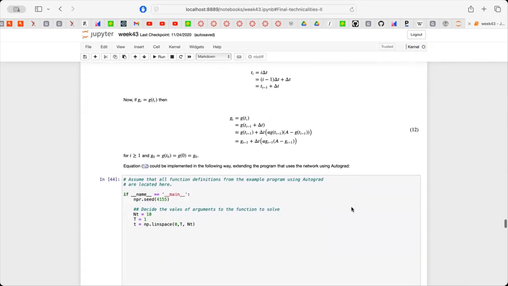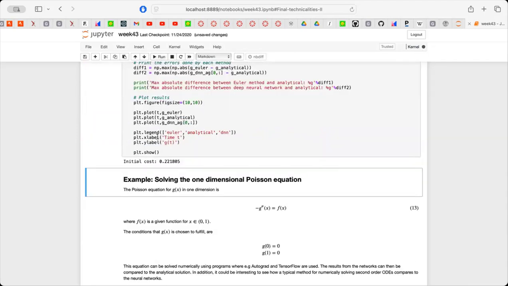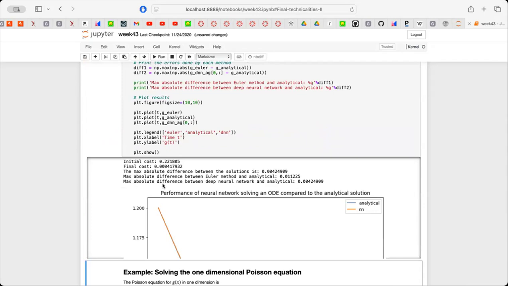So we can now simply compare our results from the neural network calculation with a standard Euler solver. And you can see now that the max absolute difference between Euler method and analytical result is 0.01. But this is simply because we are doing something unfair. The error goes like delta t squared.